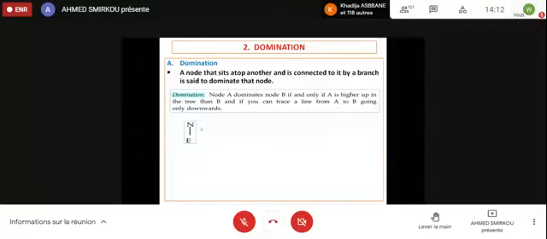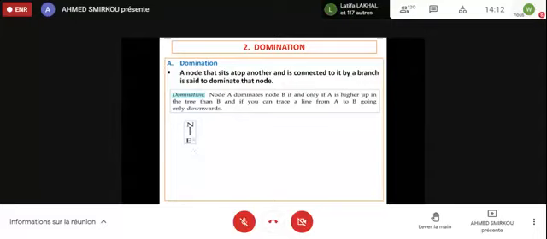So here N dominates E because N is higher up in the tree than E, and we can trace a line, we can draw a branch, from N to E only downwards, from N downwards.